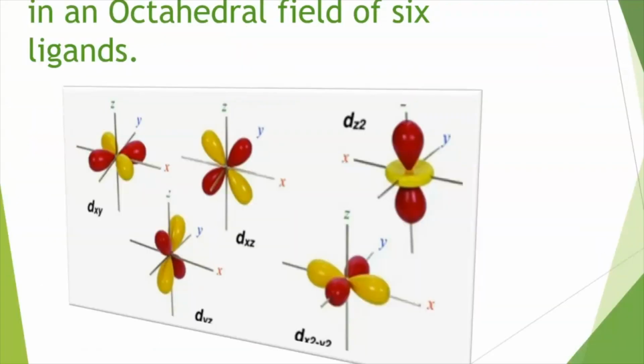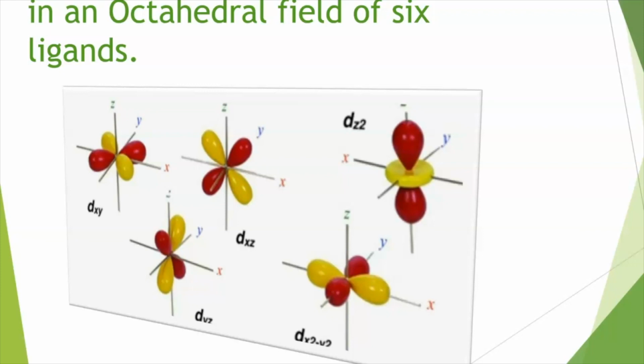Before starting with the crystal field theory, we should have a clear idea about the spatial orientations of the various d orbitals. We know that there are 5 different d orbitals, namely dxy, dxz, dyz, dx square minus y square and dz square. 3 orbitals, namely dxy, dxz and dyz, resemble one another in producing regions of electron density in between the three Cartesian axes.